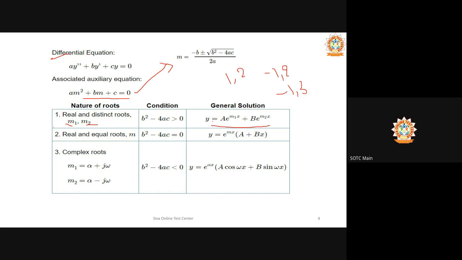See, e power x is common, and the coefficients of x are m1 and m2. So this is the general solution when the roots are real and distinct.